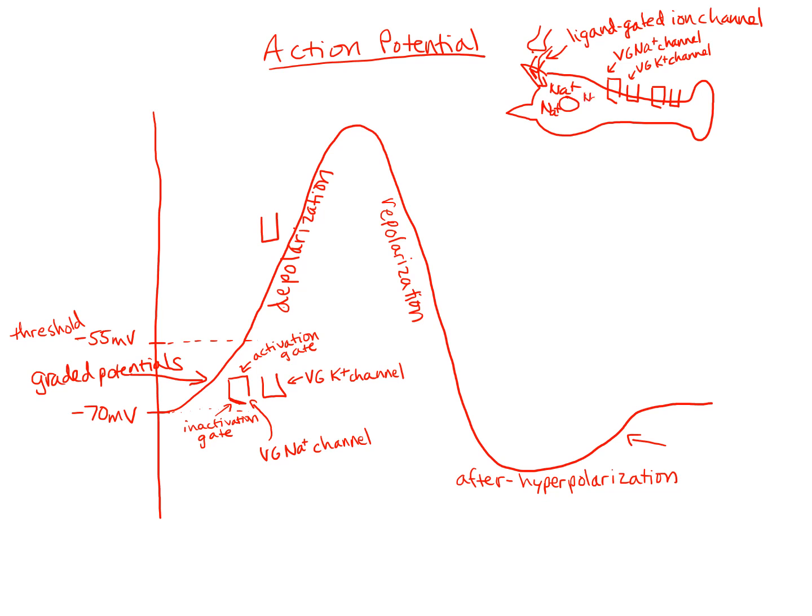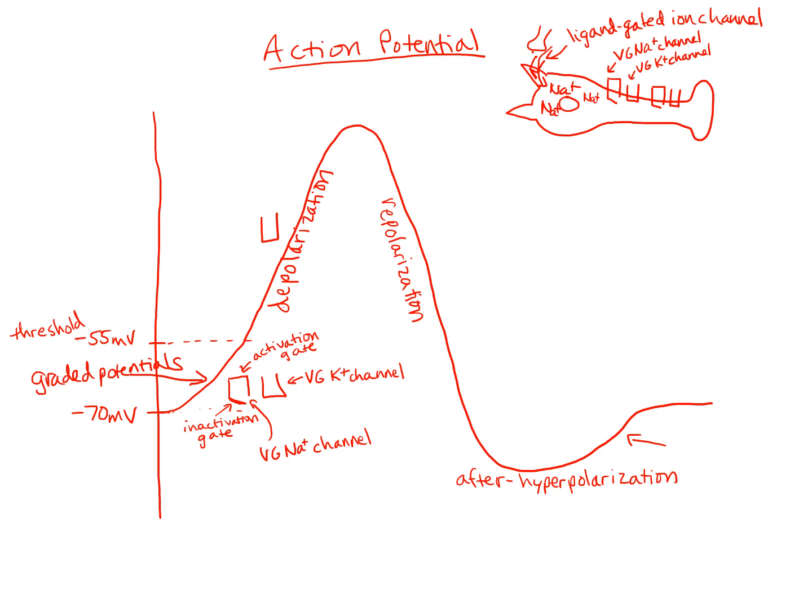But if we get enough sodium ions coming in, if we get a big enough graded potential, we can reach threshold at the axon hillock here, and that will start to open up our voltage-gated ion channels. And that will start the depolarization phase of the action potential. So the action potential actually does not start until you reach threshold at minus 55 millivolts. So we've got graded potentials going from minus 70 to minus 55 millivolts.